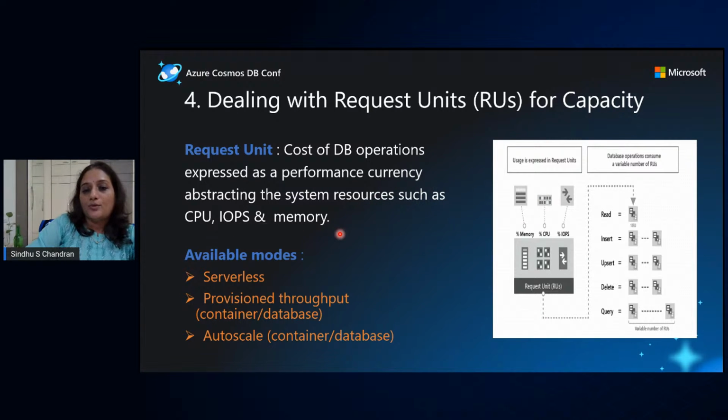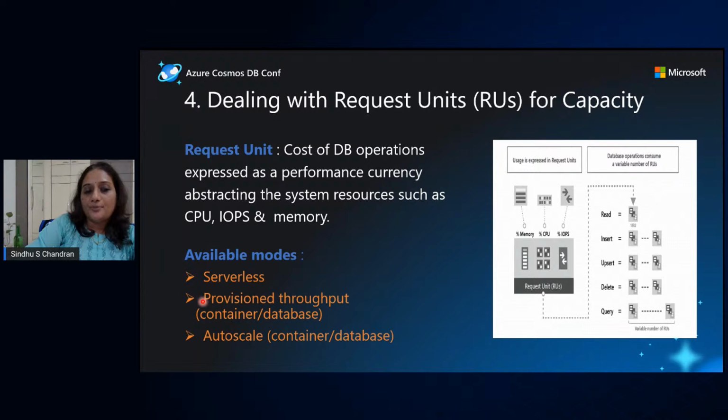And you have to be aware that there are these different modes of setting this up which are available. So if you do not really want to be dealing with RUs, then you could use the serverless option, but you pay based on usage. You don't need to manage RUs here, but then there are some limitations in terms of the size of data and also the geo-redundancy options which are available.